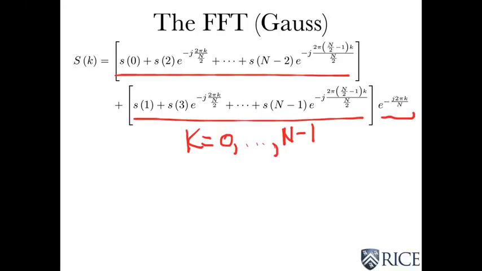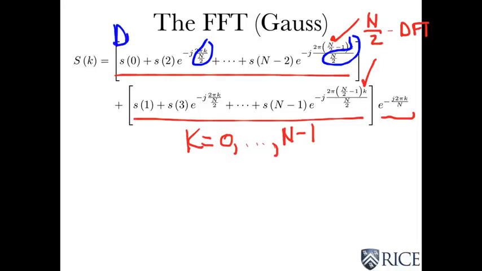Well, what he noticed, first of all, was that each of these is an N over 2 length DFT. You can see I am sampling here by k divided by N over 2. So these are DFT formulas. Well, that's kind of interesting, I guess. So this is a DFT of the even numbered terms.